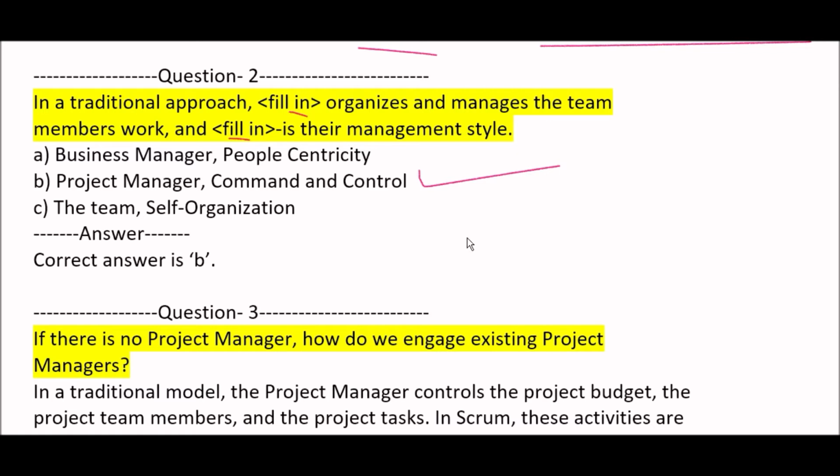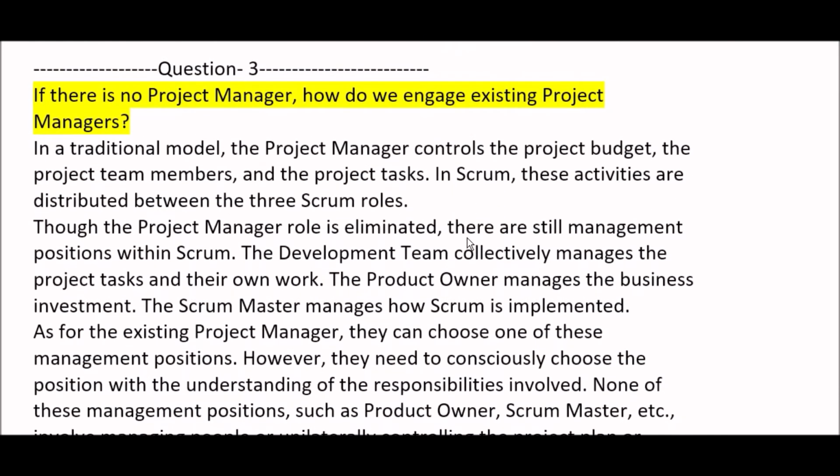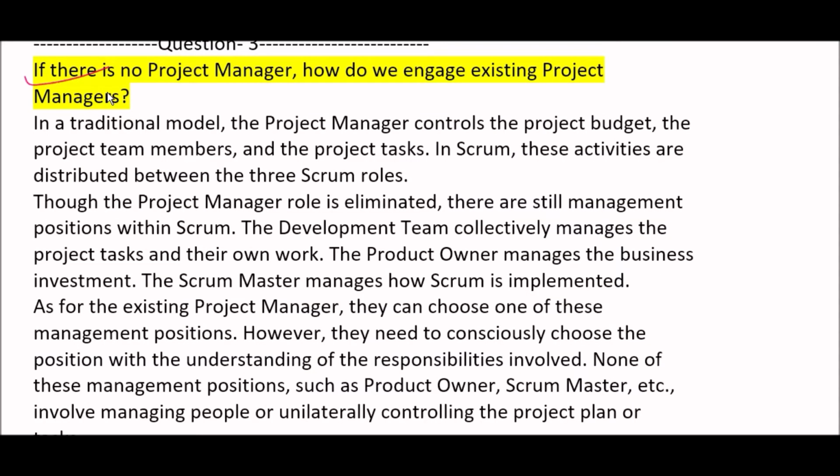In a traditional approach, the project manager organizes and manages the team member work and command and control is their management style. Okay, next question. If there is no project manager, how do we engage existing project managers? In a traditional model, the project manager controls the project budget, the project team members and the project task. And in Scrum, these activities are distributed between the 3 Scrum roles. Though the project manager role is eliminated, there are still management positions within Scrum. The development team collectively manages the project task and their own work.